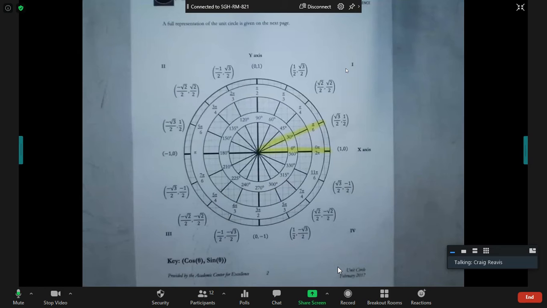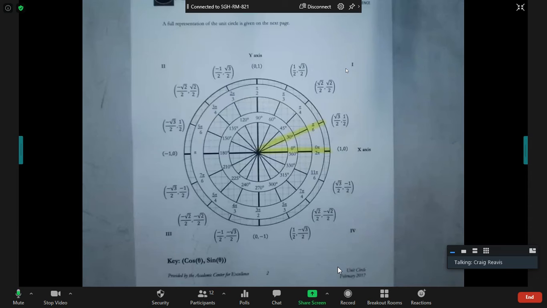Now, what I want to do from here today is add the tangents, okay? What do we know about tangent? Well, SOHCAHTOA says tangent is opposite over adjacent, where the opposite comes from the sine and the cosine comes from the adjacent.